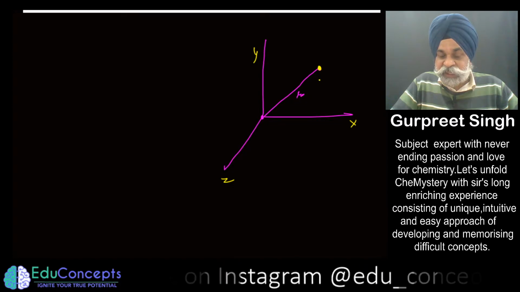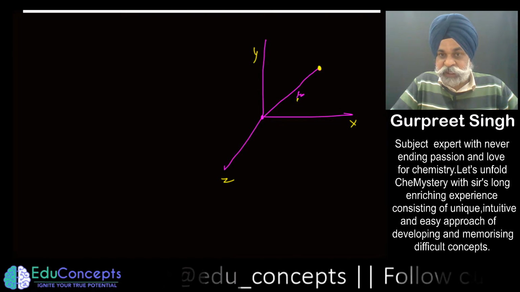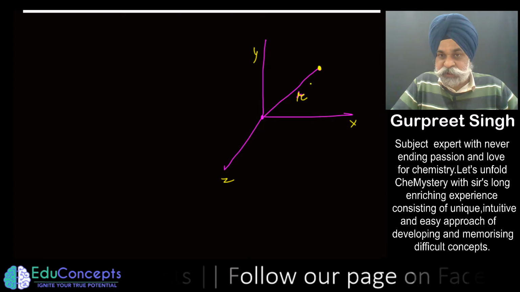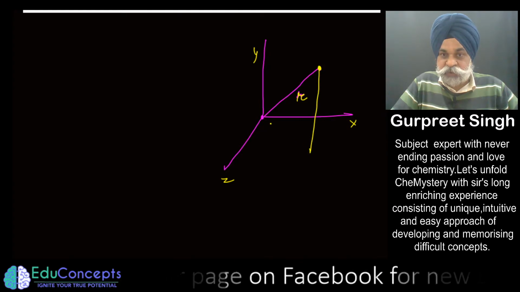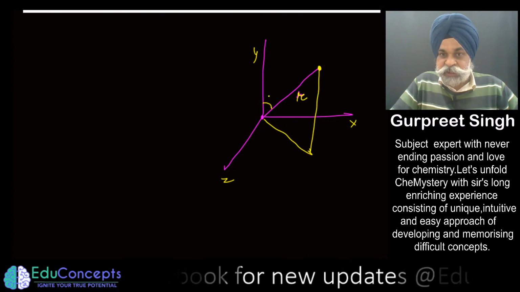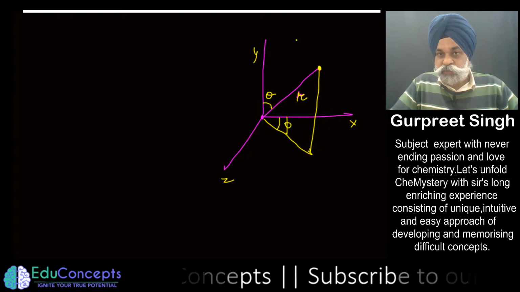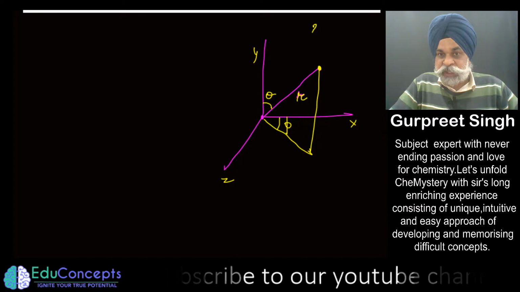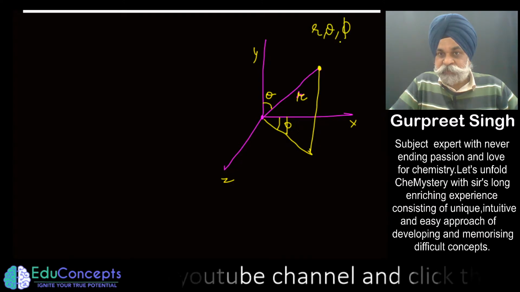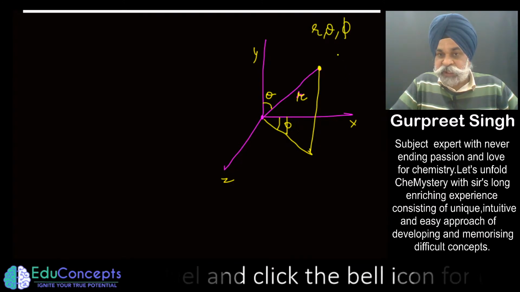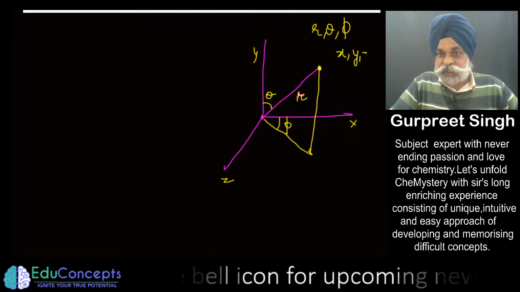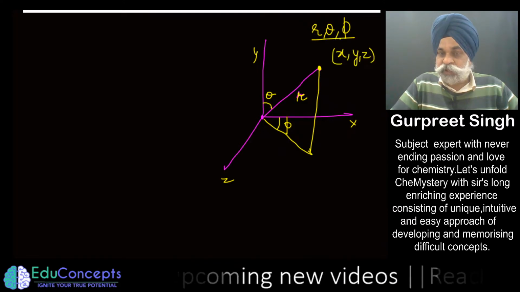For getting the exact location of this electron, I shall require this distance, and also two angles, let's say theta and phi. So in polar coordinates you require three things: r, theta and phi. If you are in Cartesian coordinates, you would require x, y, z. We generally use polar coordinates.